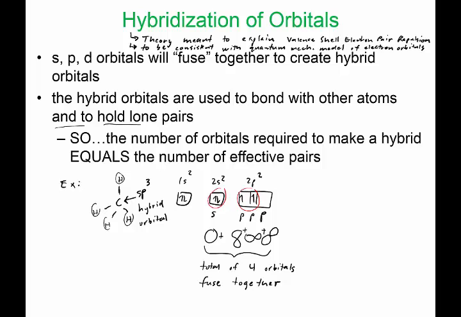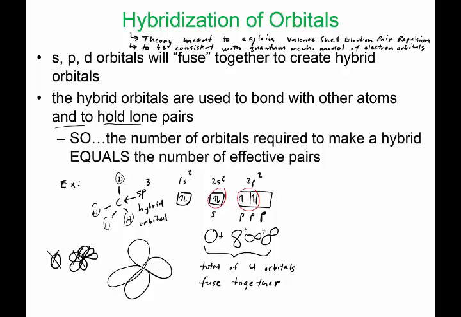So what is an sp3 hybrid? It's not an s and it's not a p orbital, it's not one of these peanut-shaped deals either. It's more of a hybrid, and it looks kind of like this.